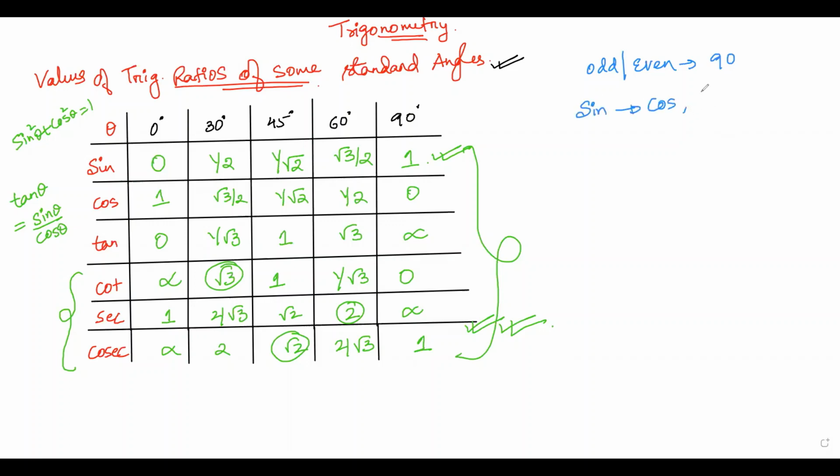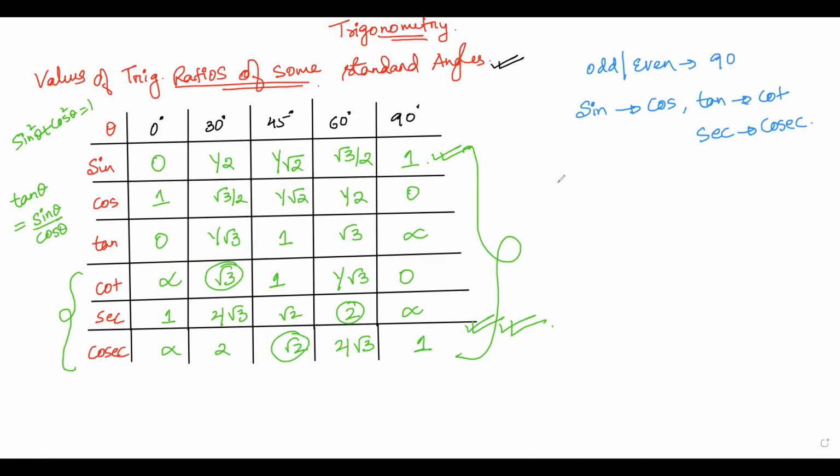The trigonometric ratio tan would be changed to cot, and the trigonometric ratio sec would be changed to cosec. And vice versa. That is, cos will change to sine, cot will change to tan, and cosec will change to sec. And if it's an even multiple of 90, the trigonometric ratio will remain the same.